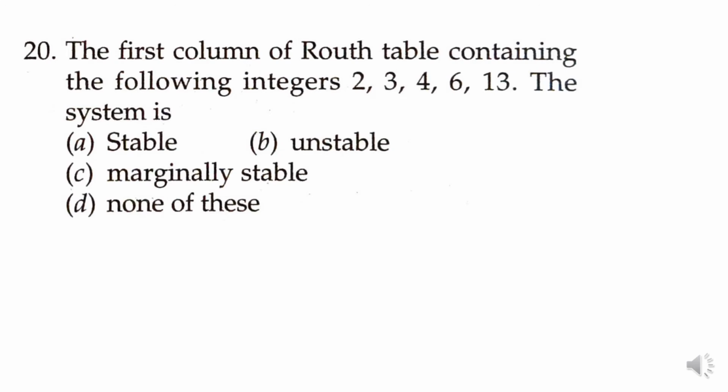The first column of the routh table contains the following integers. The system is stable because all are positive. The elements in the first column of the routh array should be positive, so we can say the system is stable.